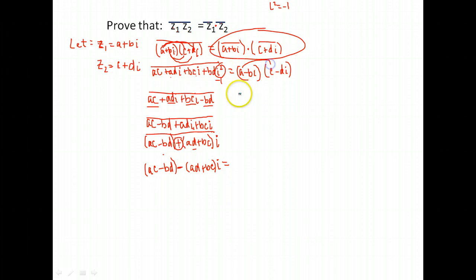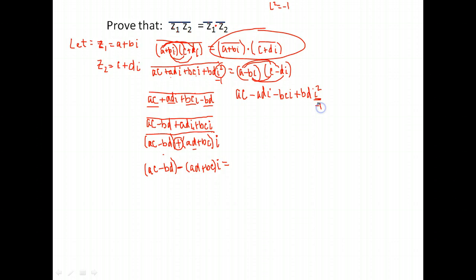Let's FOIL. A times C gives me AC. A times a negative Di gives me negative ADi. Negative Bi times C gives me negative BCi. And negative Bi times negative Di, negative B times negative D would be positive BDi squared, because i times i is i squared.